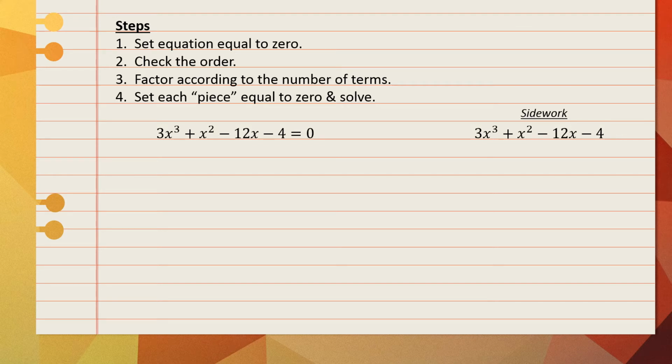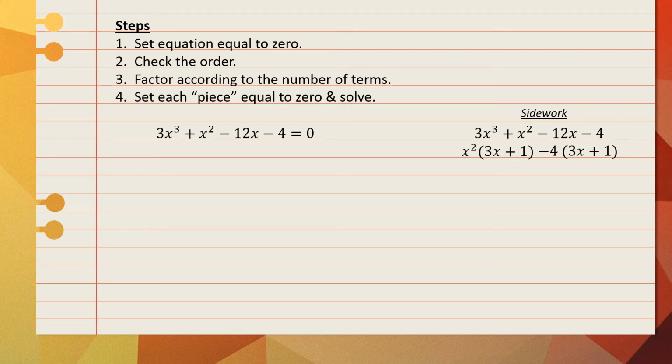If we look at the first 2 terms, 3x cubed plus x squared, we notice they have an x squared in common, which leaves you with 3x plus 1. The last 2 terms, negative 12x minus 4, have a negative 4 in common. So if we factor out a negative 4, that leaves us with 3x plus 1.